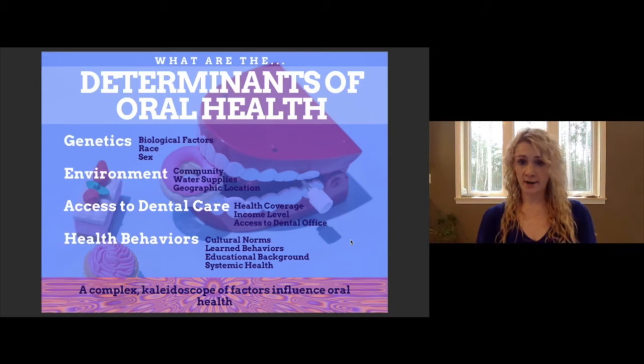Access to dental care includes things like health coverage or income level, or even just access to a dental office. And lastly, health behaviors, which may play the biggest role in a determinant of oral health. And these include things like our cultural norms, our learned behaviors throughout our lifespan, even our educational background or our systemic health, our overall health. This is a complex kaleidoscope of factors which influence our overall oral health.